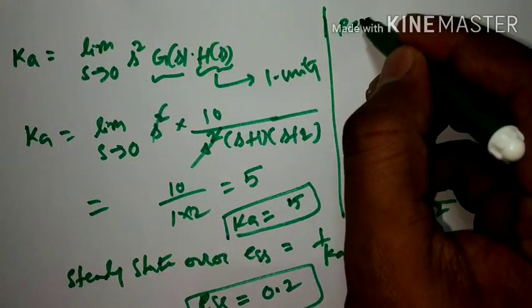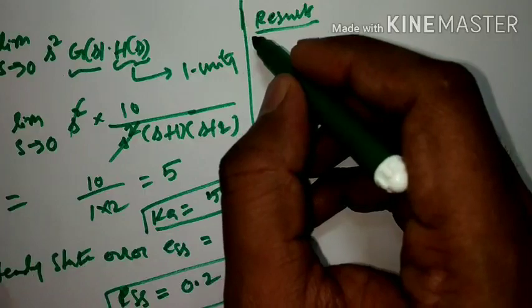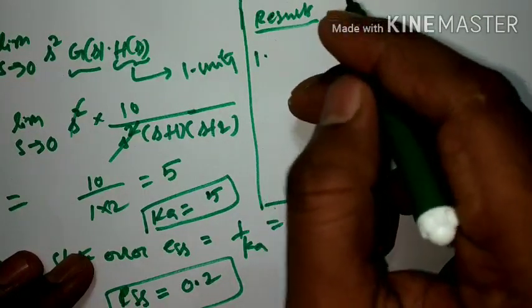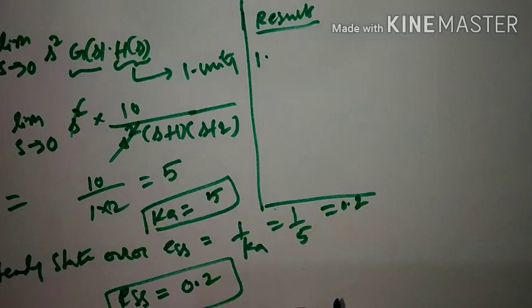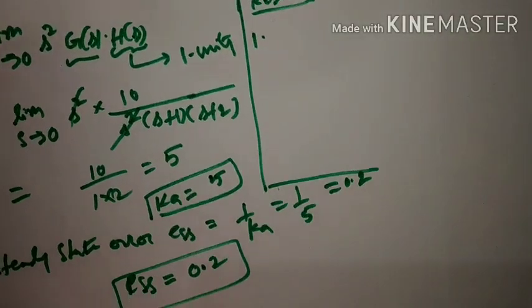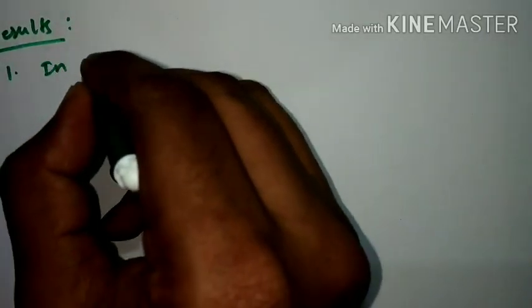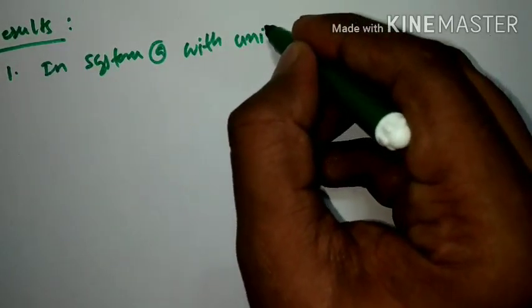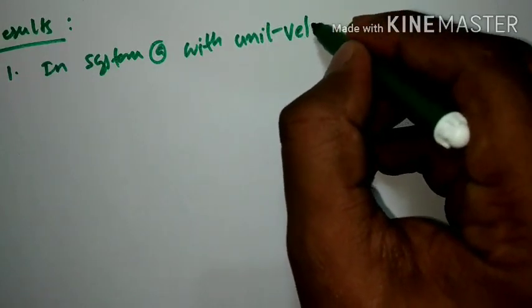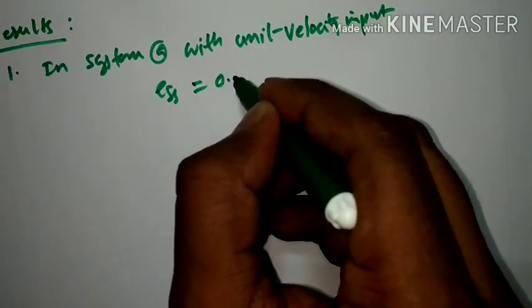In system A with unity velocity input, the steady state error is 0.075. You know that.